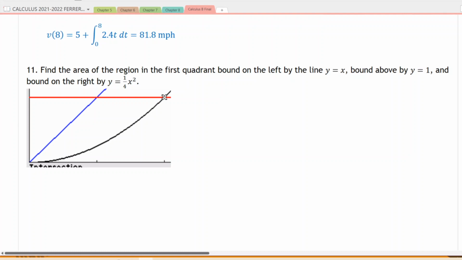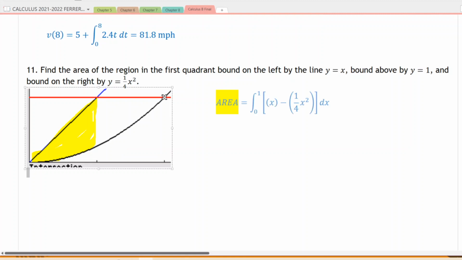Now we've got a couple of strategies on how to do this, and I'm going to go over both of them. The first strategy is to look at this top to bottom curve. Now in this yellow region, the top curve is the blue curve, and the bottom curve is the black curve.